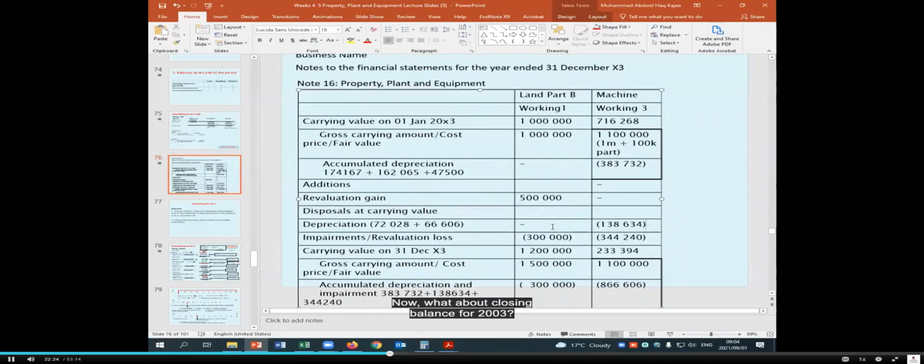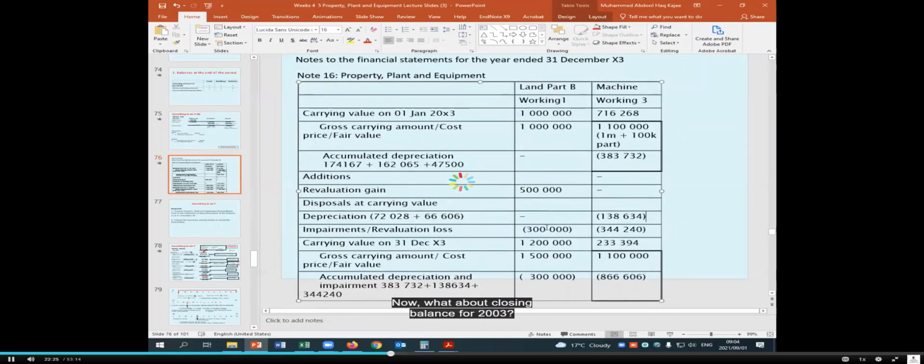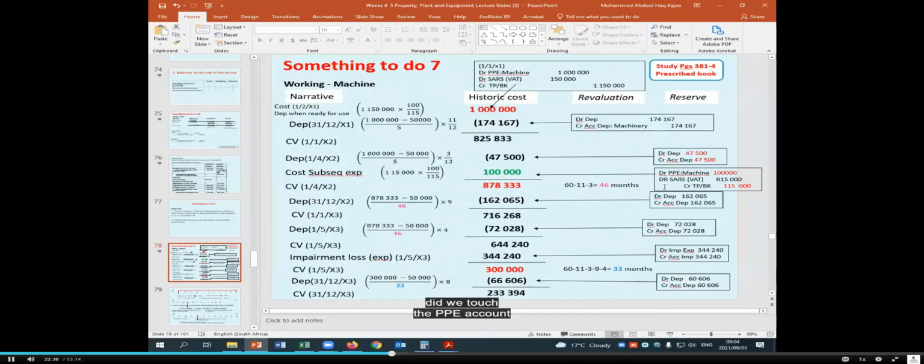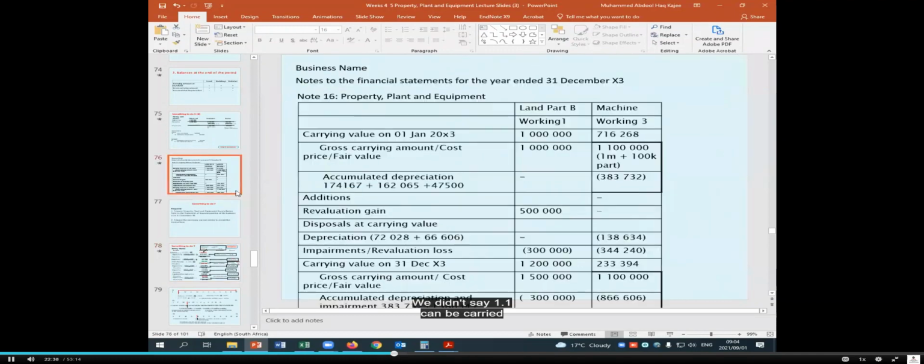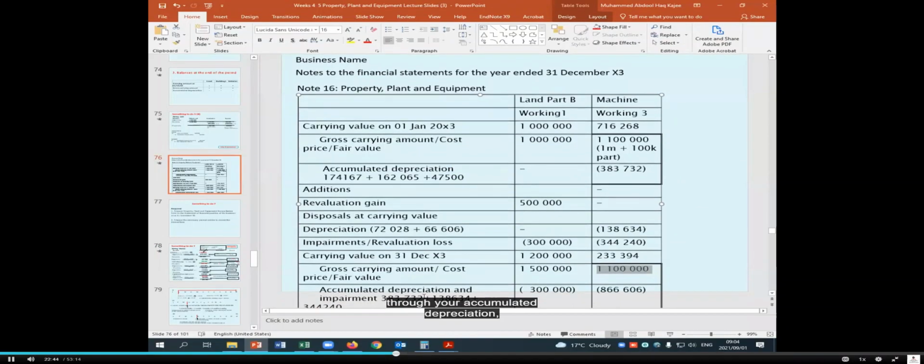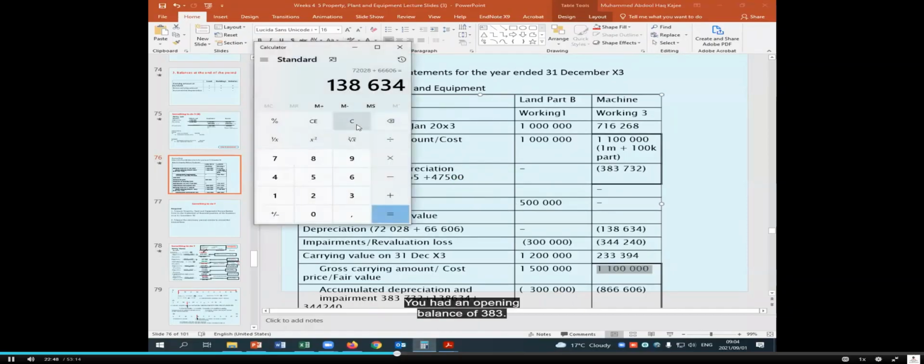Now, what about closing balance for 2003? Okay, so for your gross carrying amount, did we touch the PPE account again during the year? We didn't. Right. So your 1.1 can be carried through. Your accumulated depreciation and impairment, you had an opening balance of 383 at the beginning of the year.